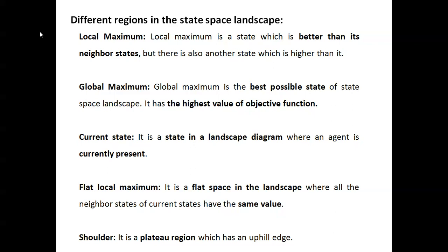A local maximum is a state better than its neighbor states. The global maximum is the best possible state of the state space landscape, with the highest value of the objective function. The current state is the state in the landscape diagram where the agent is currently present. A flat local maximum is a flat space in the landscape where the neighbor states of the current state have the same value. And a shoulder is a plateau region which has an uphill edge.